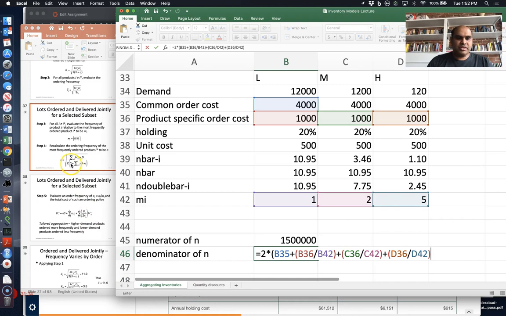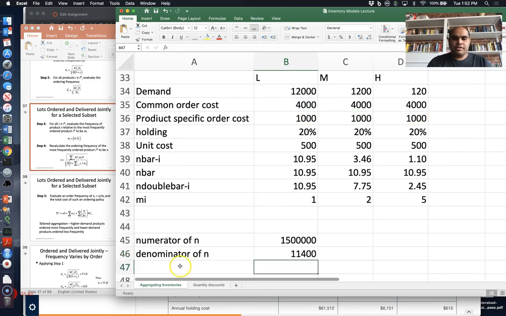It's 2 times s plus s over mi for all the values. That's the numerator, that's the denominator.